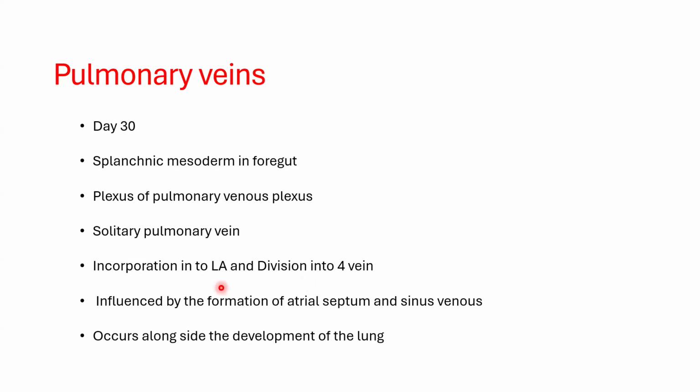This process occurs at the same time as the atrial septation and the evolution of the sinus venosus, because the atrial septum must be formed in such a way that this common pulmonary vein is committed to the left atrium and not to the right atrium. Because if that process does not occur well, then that is when you have varying forms of total anomalous pulmonary venous drainage or return.